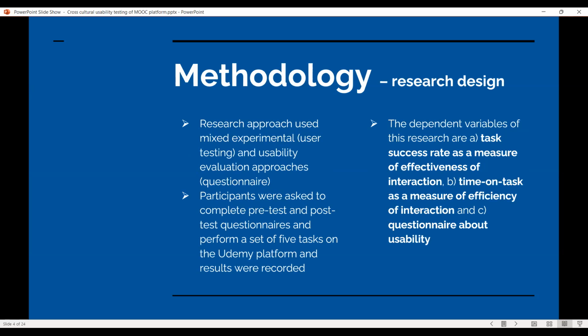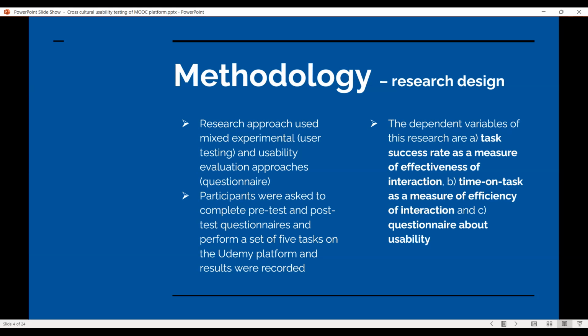The research design we have followed is mixed, so it means that we have used user testing and a VROOM3 questionnaire in the end.